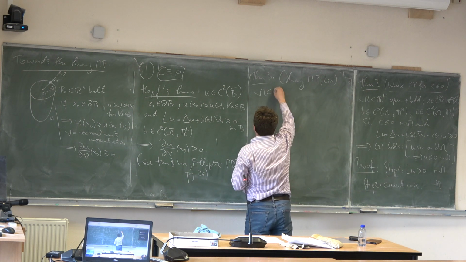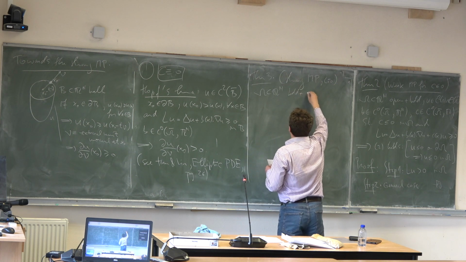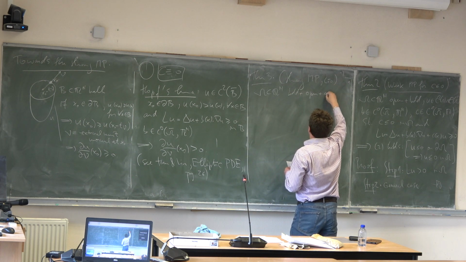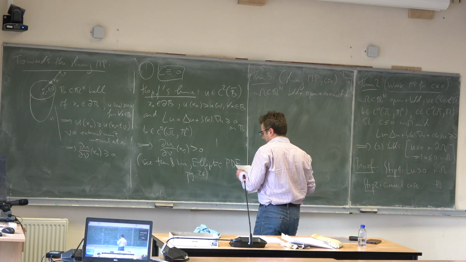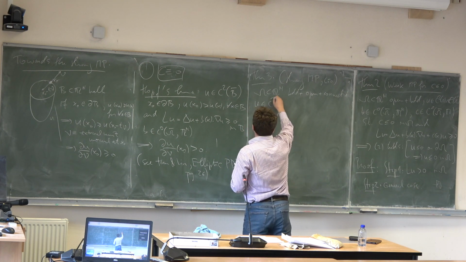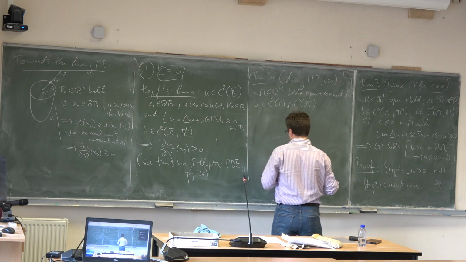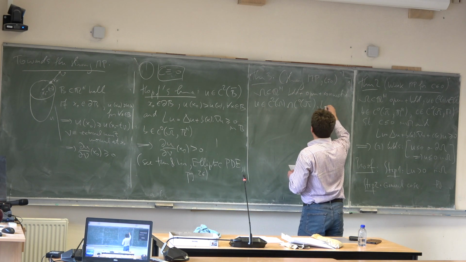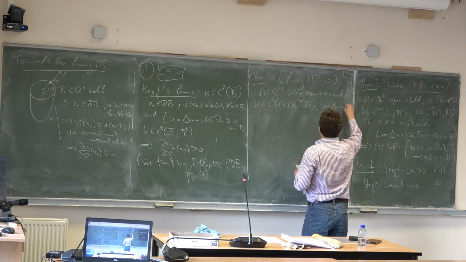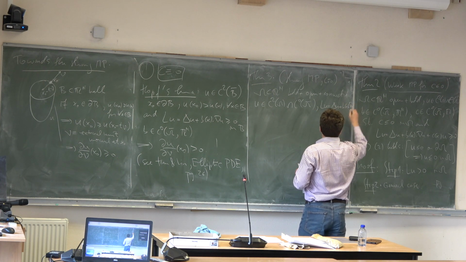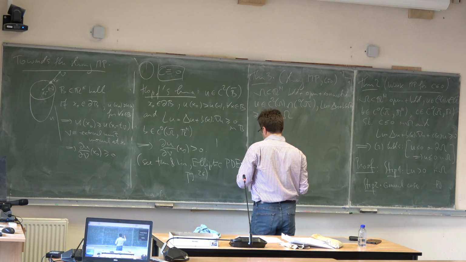So let's consider omega to be bounded, open, and connected, and u that is C2, C0 up to the boundary, and L of u, which is Laplacian u plus b(x) dot grad u, is larger or equal than 0 in omega.